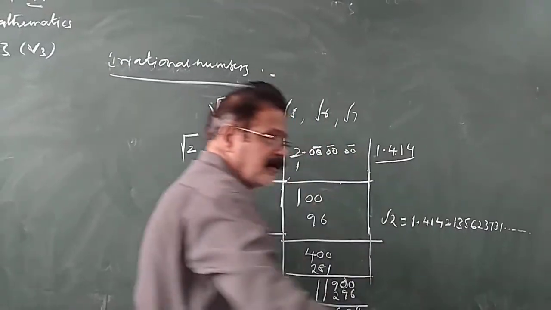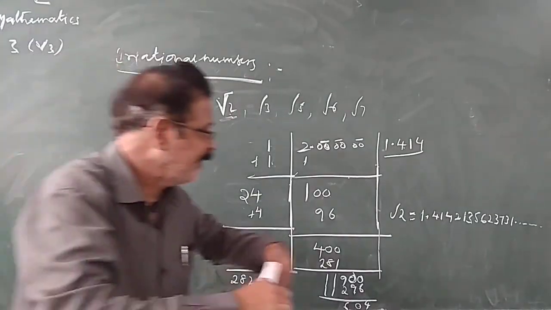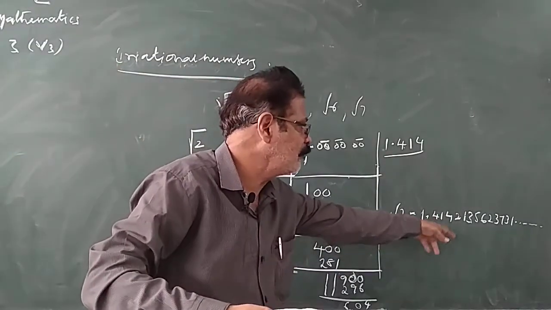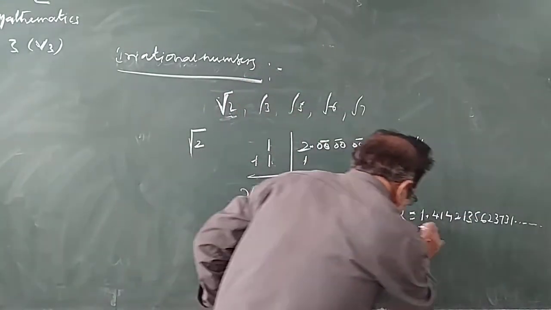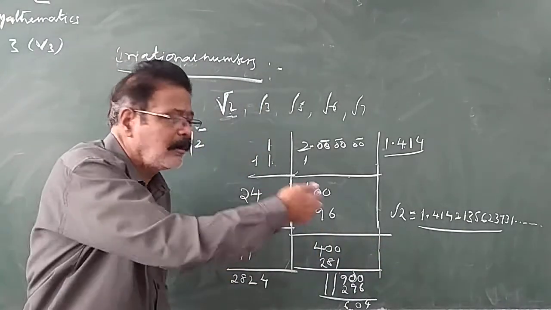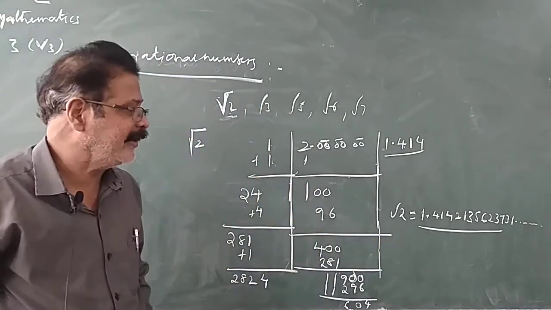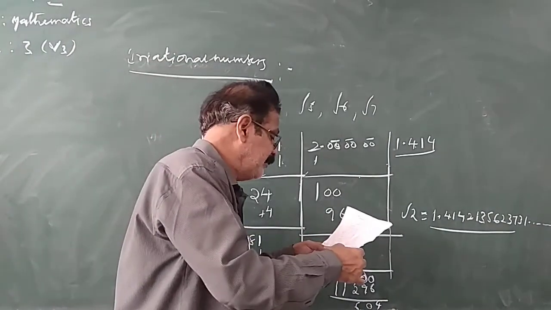If the division is done continuously, we will get 1.41421356237131. This expansion is neither terminating nor repeating decimal.